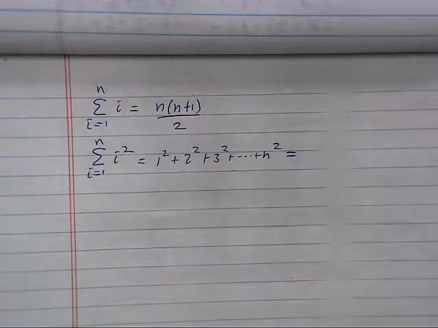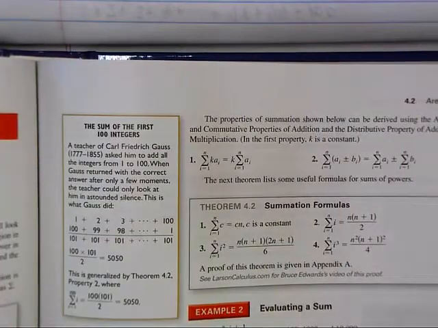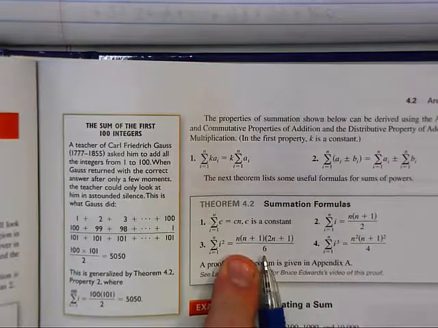Unfortunately, no, that doesn't work. So what would you do if you didn't know the answer to a formula? Number 1 would be derive it. Number 2 would be, it's probably in your book. Let's look in the book here. n times 2n plus 1 times n plus 1 all over 6.